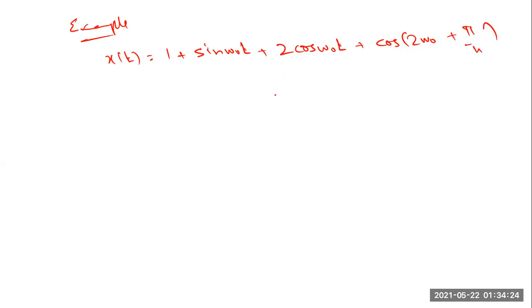Now, as it is clear, this signal is made of a constant, and then sine, cosine, cosine, so it is a periodic signal, but we want to represent it in the complex Fourier series representation. So I want to represent this signal in this way.